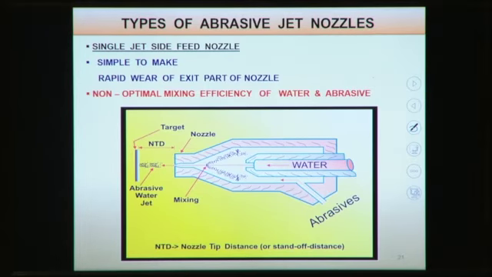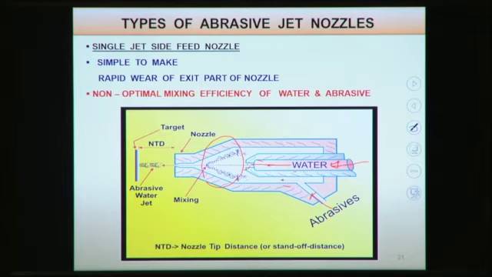Here you can see the single jet side feed nozzle. Single jet means the water jet is coming at the center, but the abrasive particles are side fed. Here the high pressurized water is coming through this orifice, and from this side you can see the abrasives are sucked into the mixing chamber.